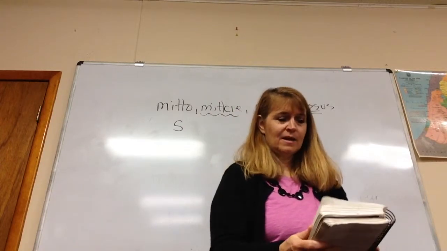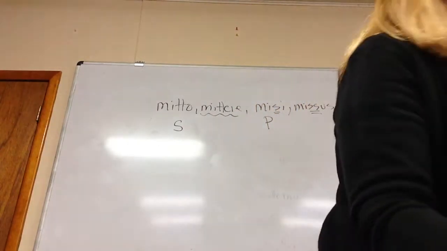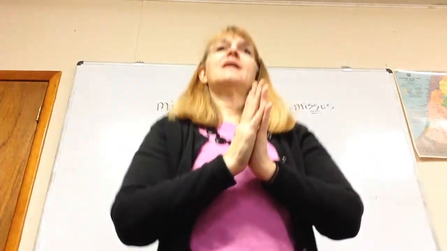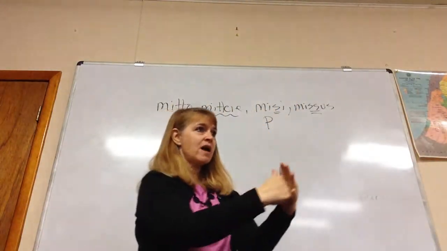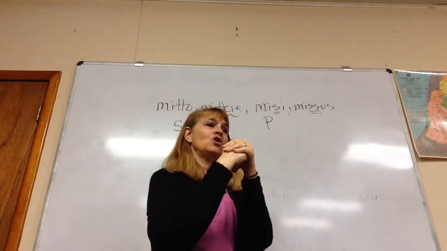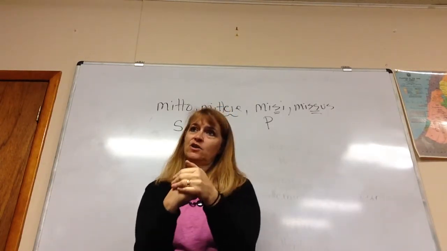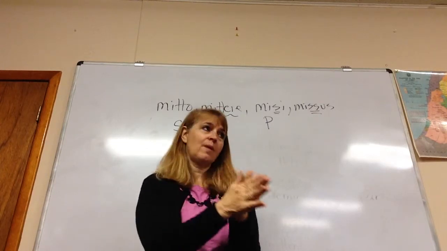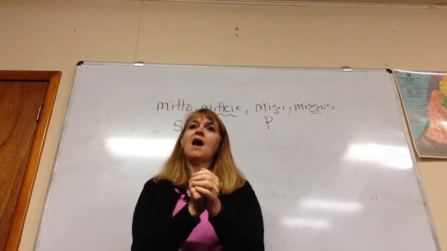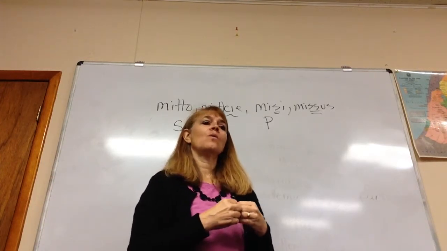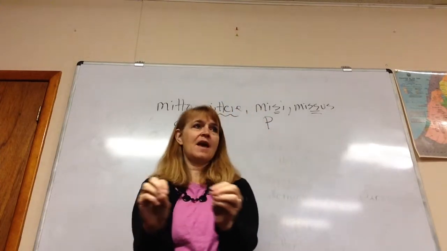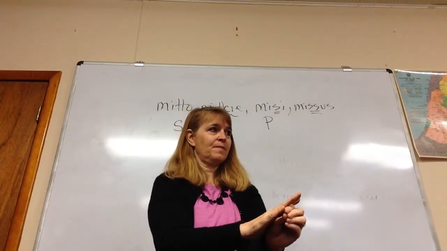Now, we need to talk about a couple of other things. We said the subject in passive is not doing the work, not doing the action. So who is doing the action? That's what we need to talk about right now. In Latin, what do they call the things or the people doing the action in passive voice?